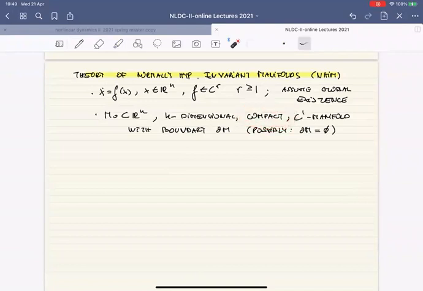So don't think of anything like a sheet, a nice open sheet with the boundary removed. That wouldn't work, because even though it doesn't have any boundary, it would not be compact. So the boundaryless manifolds that come into play are invariant spheres, invariant tori, circles. So these are compact invariant manifolds without boundary, but they're compact. So they're not open sets. That will be important.